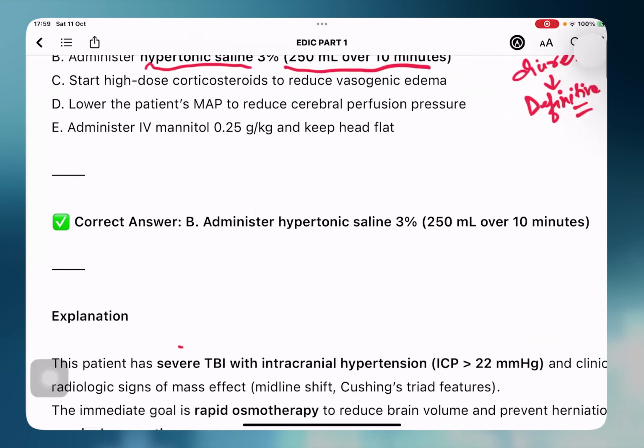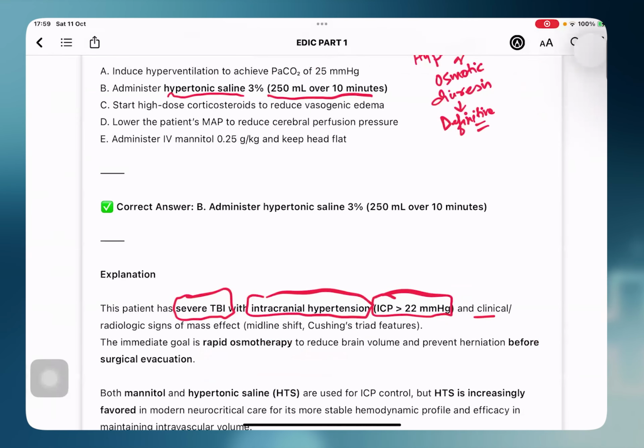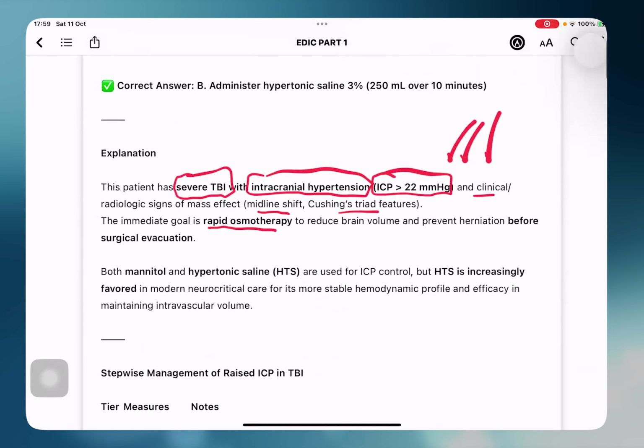This patient has a severe traumatic brain injury with intracranial hypertension, ICP more than 22, and clinical and radiological signs of mass effect, that is midline shift, with Cushing's triad, that is bradycardia, hypertension, and labored breathing. The immediate goal is rapid osmotherapy to reduce brain volume and prevent herniation before surgical evacuation takes place.